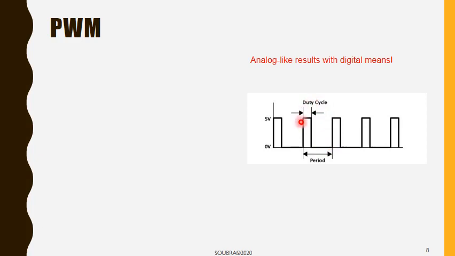Looking at the signal as a whole over a period, the total time spent at 1 and 0, added together and divided by 2, will give me the mean value over the whole period. Hence, if I spend half of my period at 5 volts and the second half at 0 volts, all in all, over the whole period it's as if I spent my whole time at 2.5 volts. Alright?